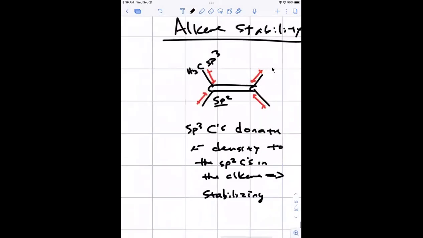That's why the more substituted an alkene is, the more stable it is, because those carbon bonds are polarized towards the sp2 carbon. Anybody remember from part one the connection between hybridization state and electronegativity? I'll buy lunch on that one.